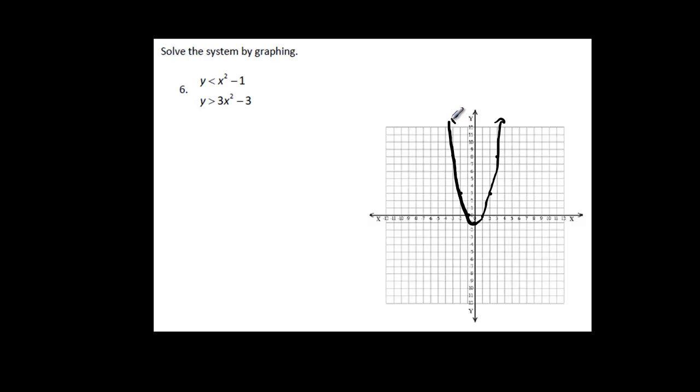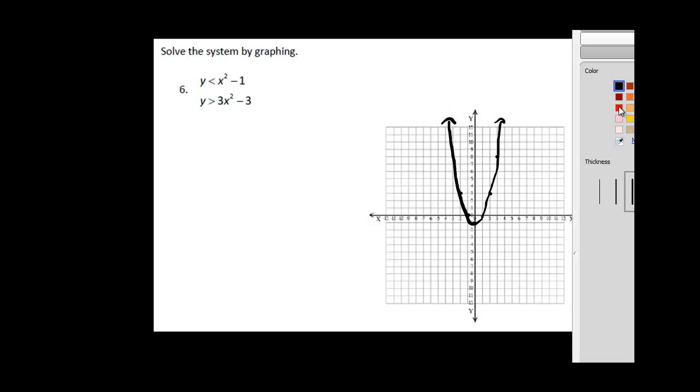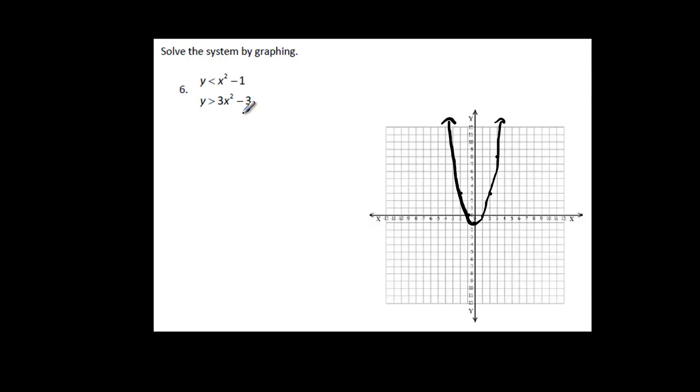Alright, the second one, let's do that in red. The vertex is going to be 0, negative 3 again, because B is non-existent here.